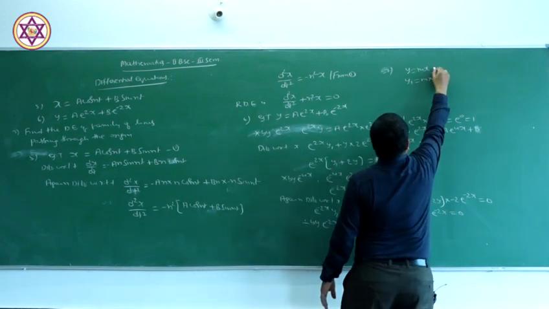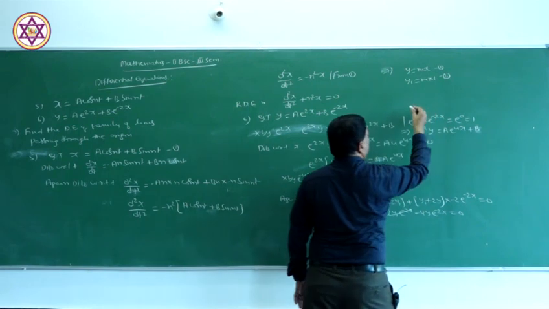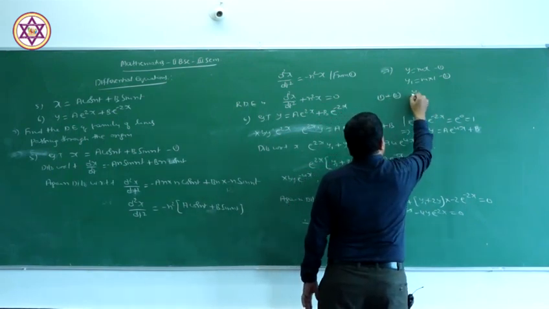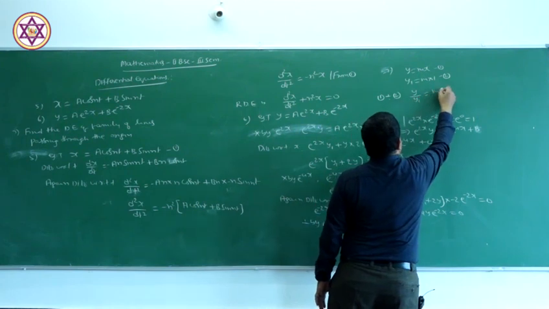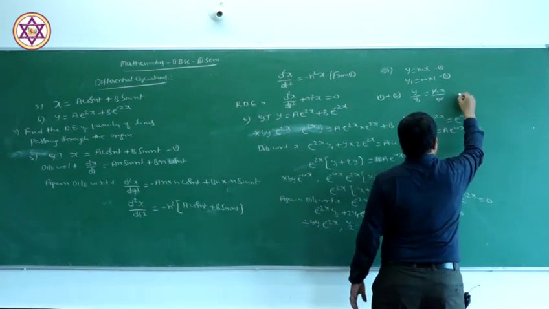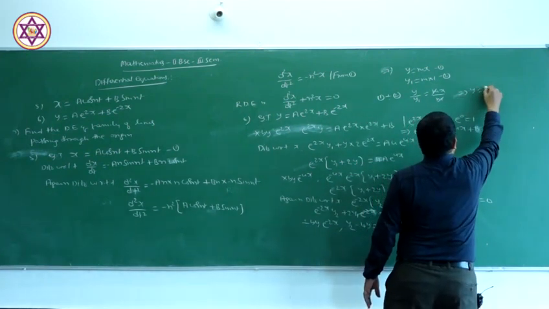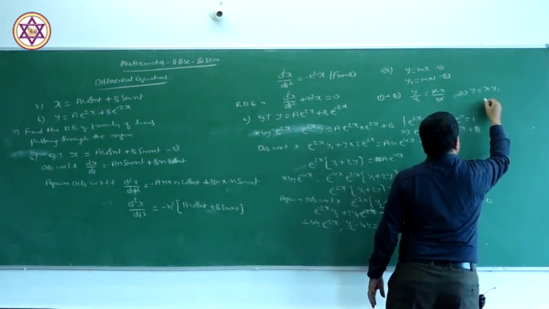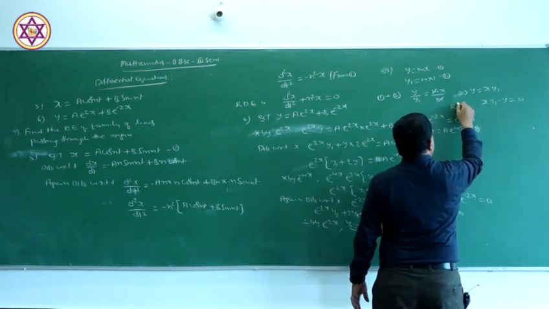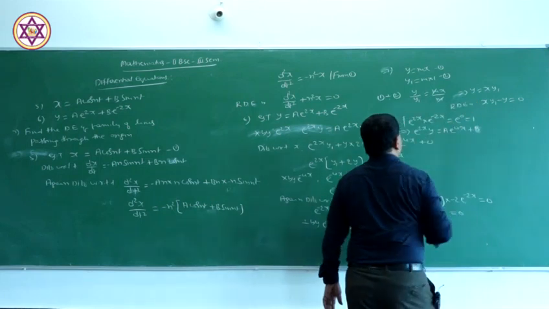Next, this equation we call it 1, this is number 2. So 1 divided by 2: y divided by y1 is equal to mx divided by m, m gets cancelled. So here we get y is equal to xy1, therefore xy1 minus y is equal to 0. This one is the required differential equation.